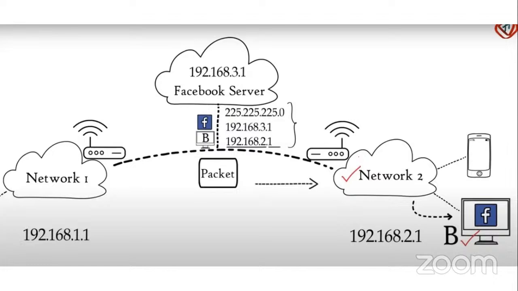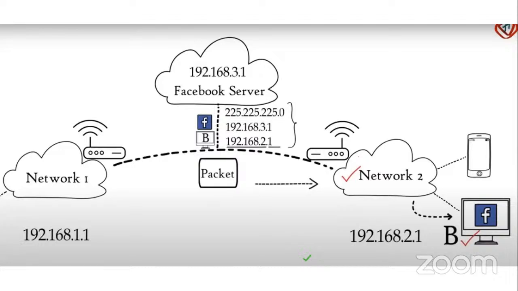You can see the Facebook server in the middle. System B wants to get the Facebook web page to its system, and system B is connected to network 2.